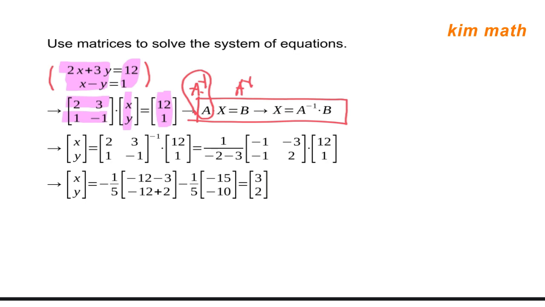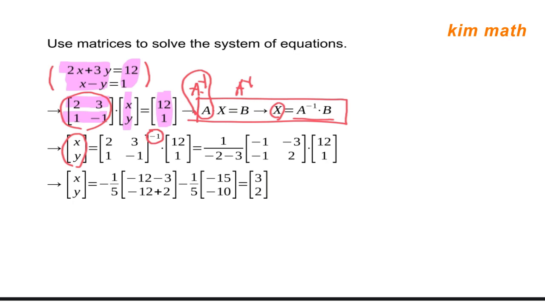So on the left side you have only X left, and on the right side A inverse times B is here. Okay, so your [x, y], you can copy these matrices here, but be careful. We must use the inverse sign here.